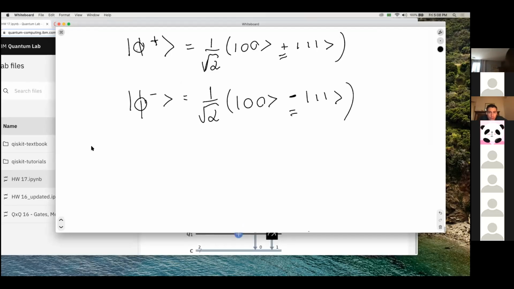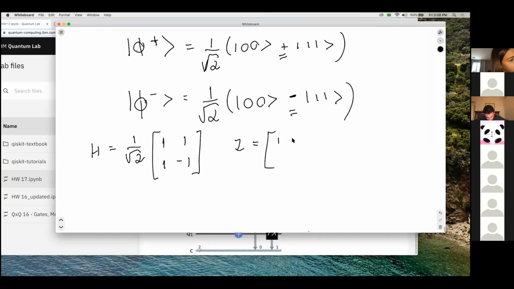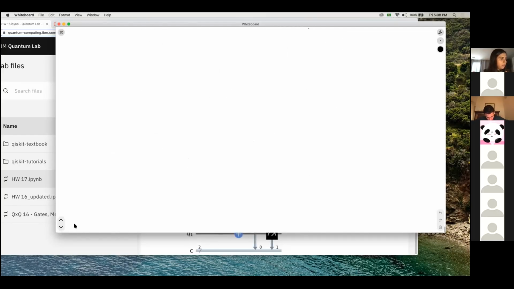Okay, so the Hadamard matrix is given by, okay, the Z matrix is given by, so what I'm going to do is apply the Hadamard gate to the 1 vector first and show how I introduce the minus sign.